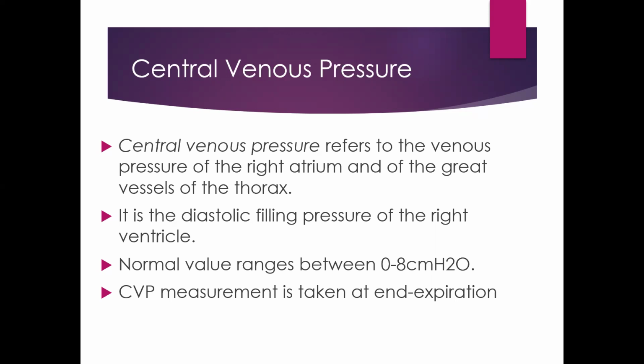So there are two things there: the right atrial pressure, which correlates with the central venous pressure of the IVC or the superior vena cava, and also the diastolic filling pressure of the right ventricle. The normal value ranges between 2 to 6 if you are using millimeters of mercury, or 2 to 8 if you are using centimeters of water.